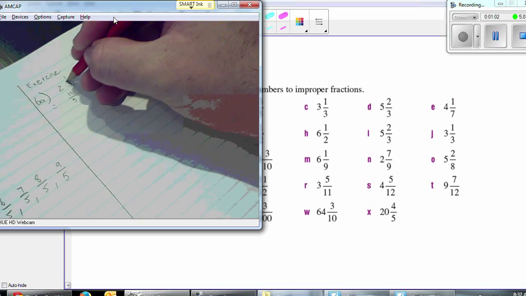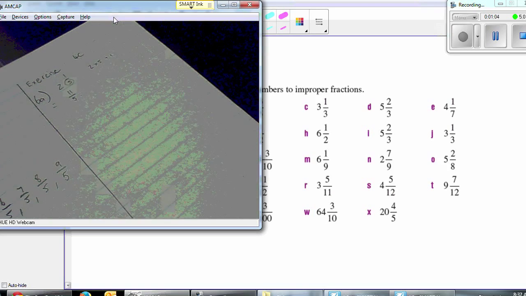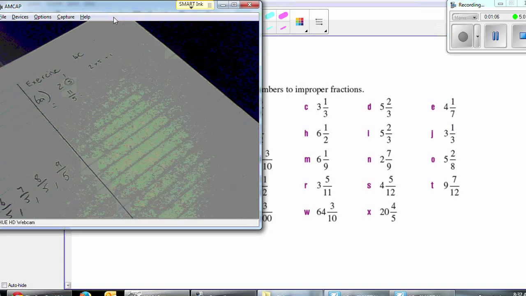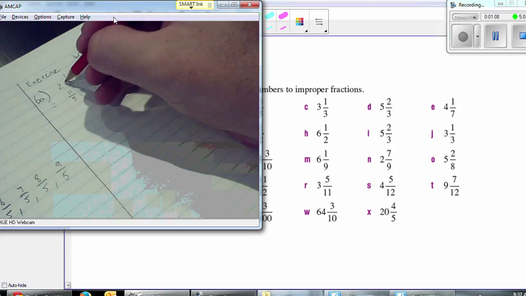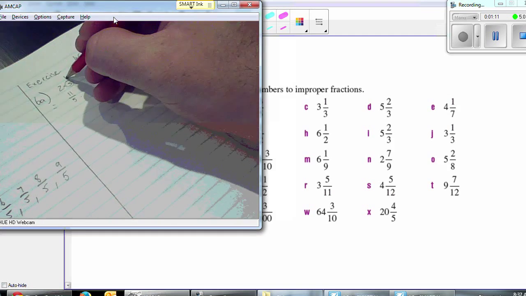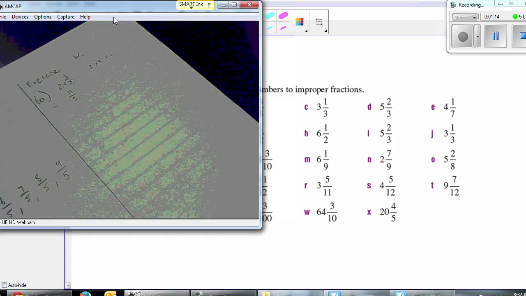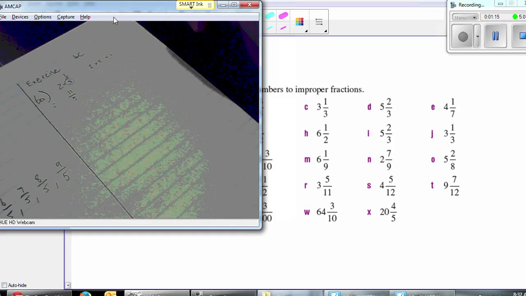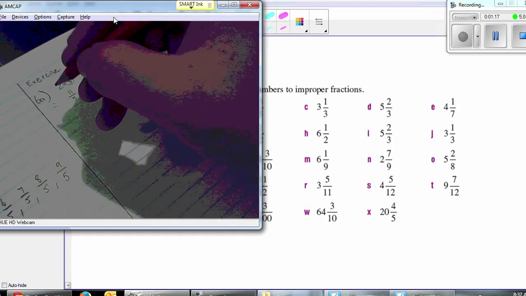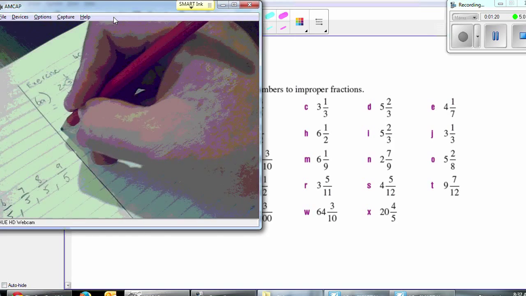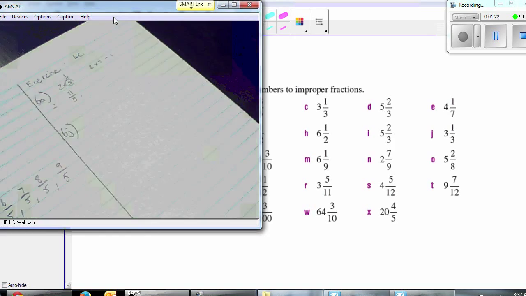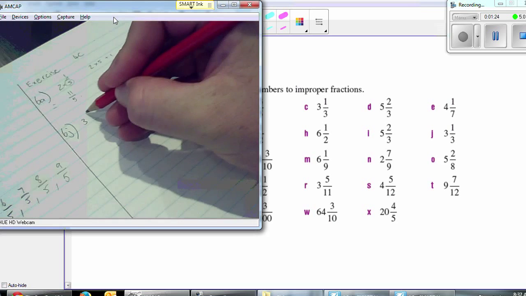You do not change the denominator. The denominator stays the same, has to stay the same. So 2 times the denominator plus the numerator. Okay, let's have a look at J there, 6J. So 6J is 3 1/3.